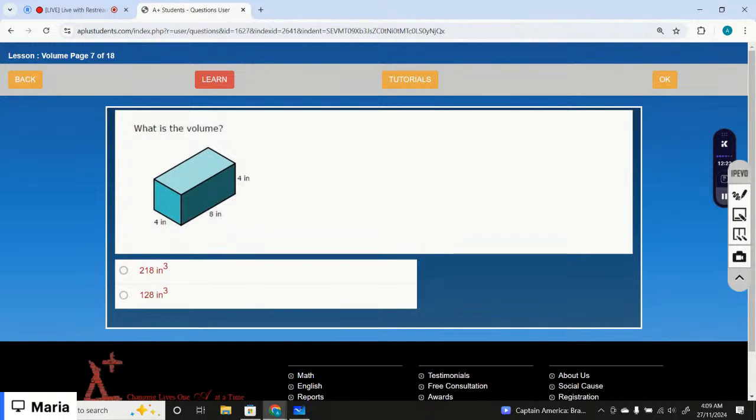What is the volume? Which is the correct option? That is 4 times 4 is 16 and 16 times 8 is 128 inches cube. Option number 2 is the correct option.